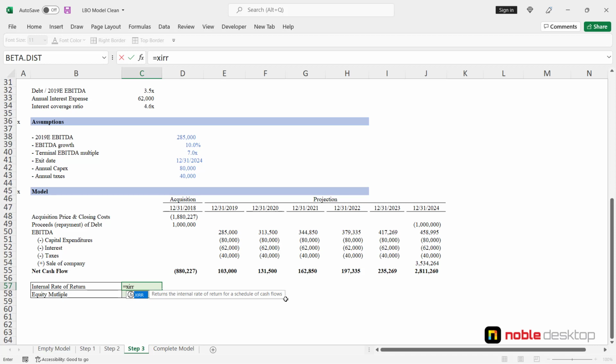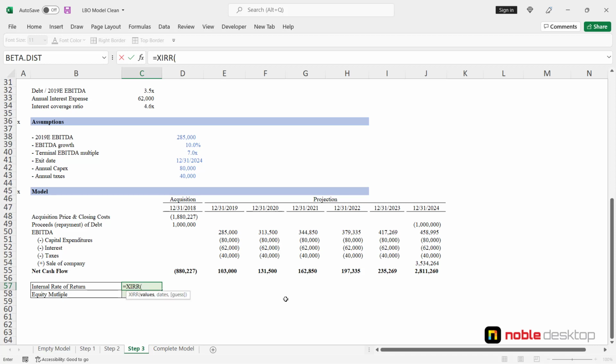IRR doesn't take into account when the actual cash flow takes place, so it rolls them up into annual periods. By contrast, the XIRR formula considers the dates when the cash flow actually happens, meaning that XIRR is a more precise formula. So let's use XIRR here and see the difference.